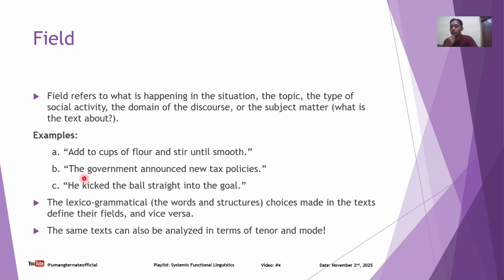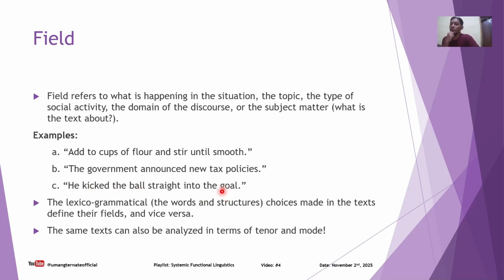Okay? The government announced new tax policies. The field of this text seems to be politics. How do you know that? Because of the words used in the text. Okay? And then example C is easy to identify. The field is sport, football, for example, right? Because of the words kick, ball, the goal, and so on and so forth.